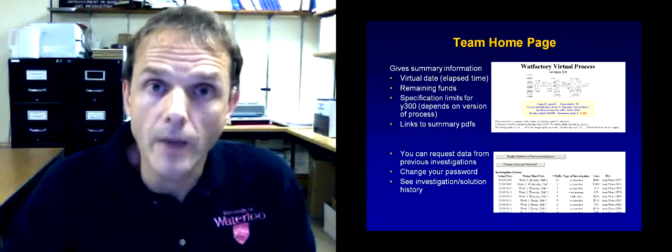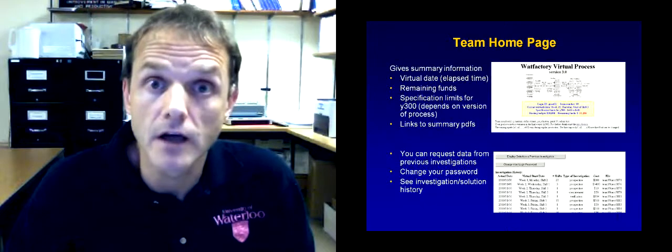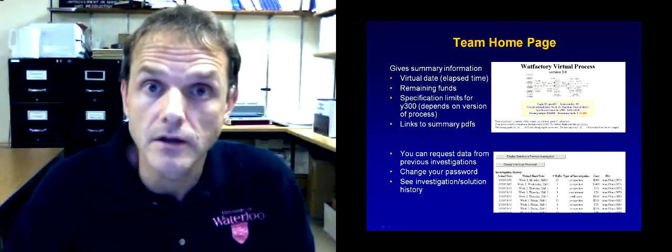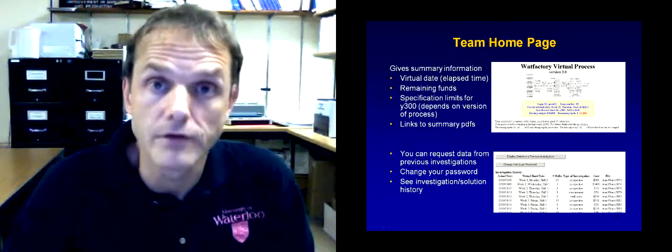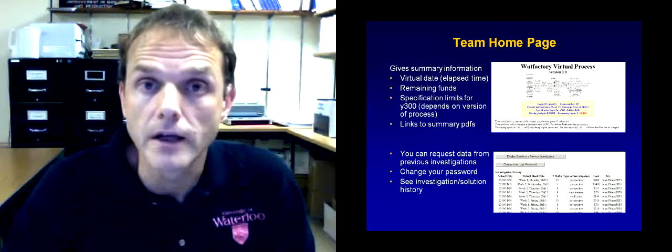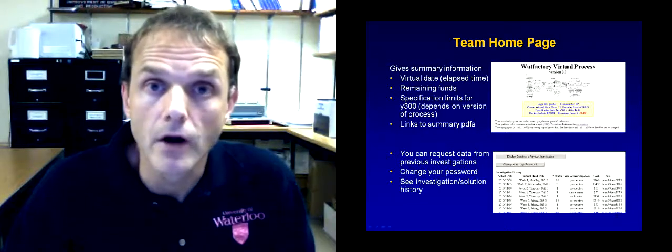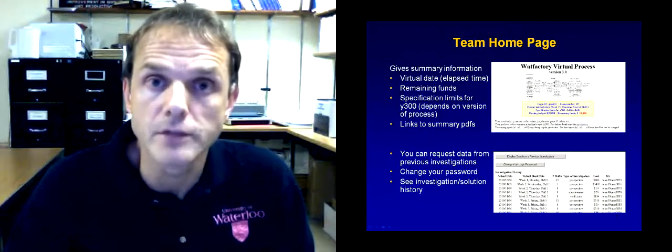Note that I'm not showing you a live version of watfactory here, but if you click on any of the underlined elements in watfactory, they're linked to those PDF pages that I talked about. So for instance, in the top of the slide here, you see that underlined introduction. That will link to an introduction to watfactory in a written format that you can look at your leisure. And there are 3 different additional documents provided to give you more information about watfactory.